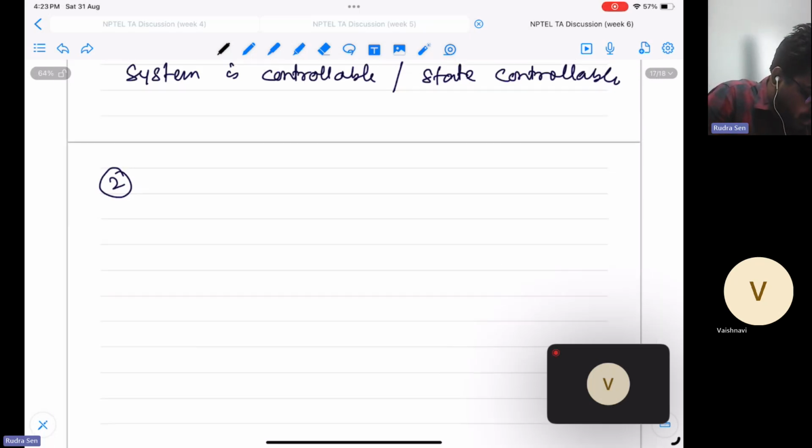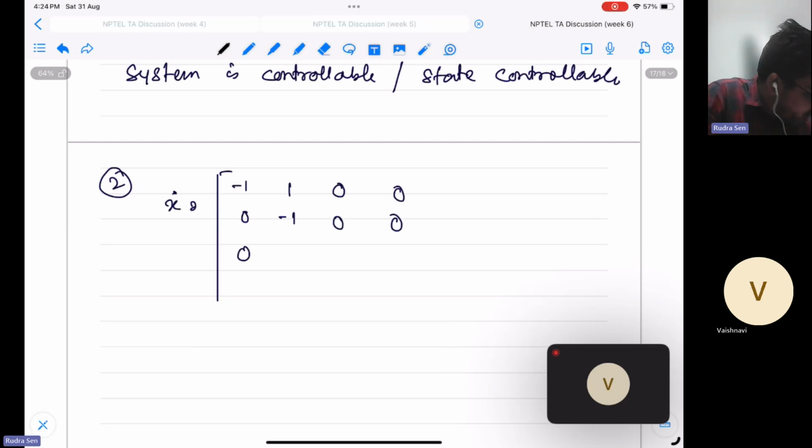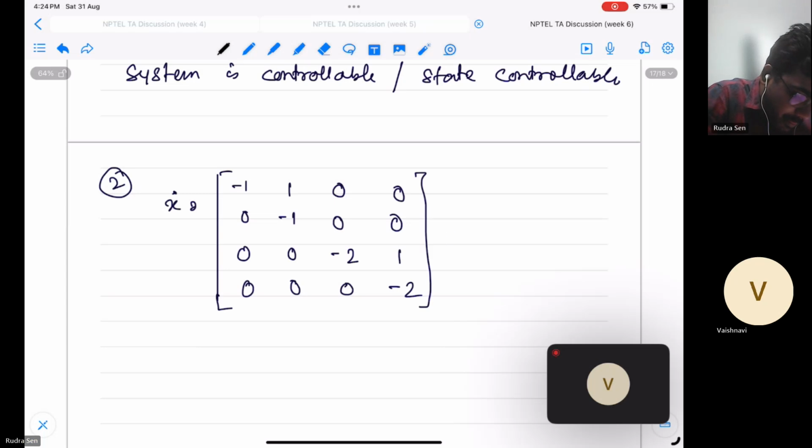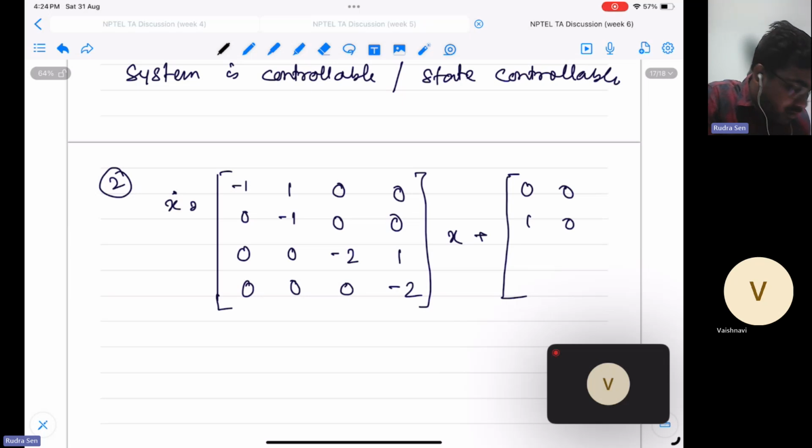The next system is x dot equals, this is minus 1 1 0 minus 1 0 0 0 0, 0 0 minus 2 1 0 0 0 minus 2, and B is 0 0, 1 0, 0 1, 0 0.